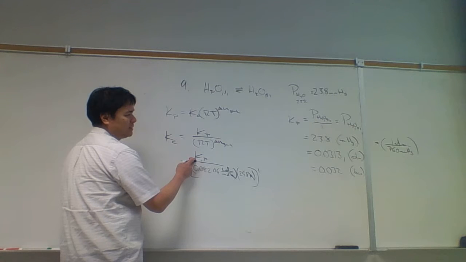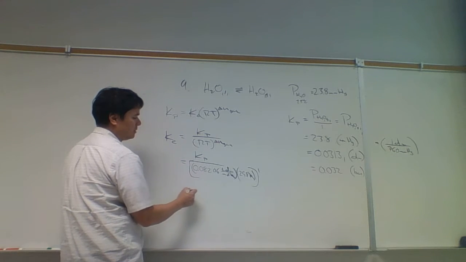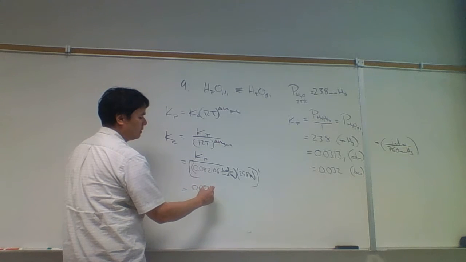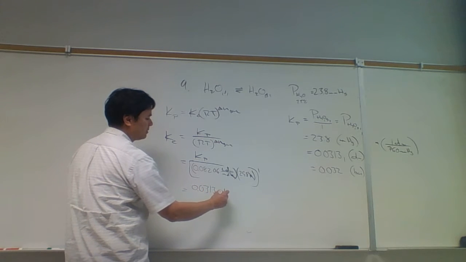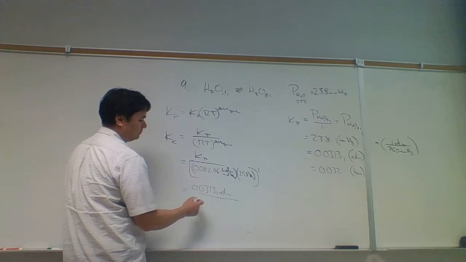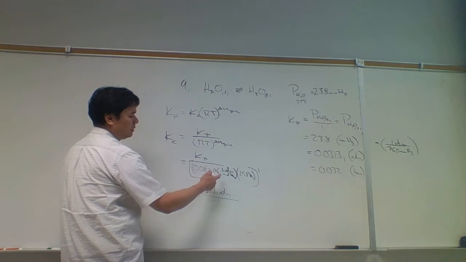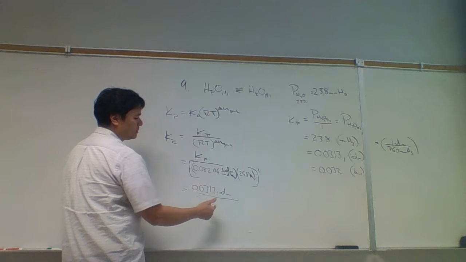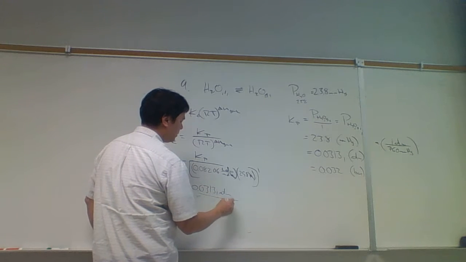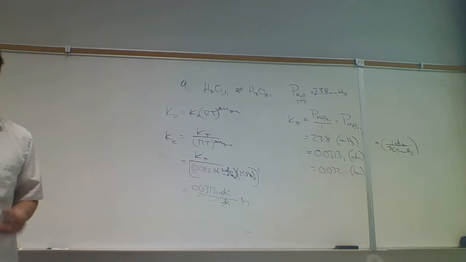And if Kp is in atmospheres, 0.03131 atmospheres, then the atmospheres will cancel and leave us with 1 over liters per mole, which gives us molarity. Okay. So let's calculate it.